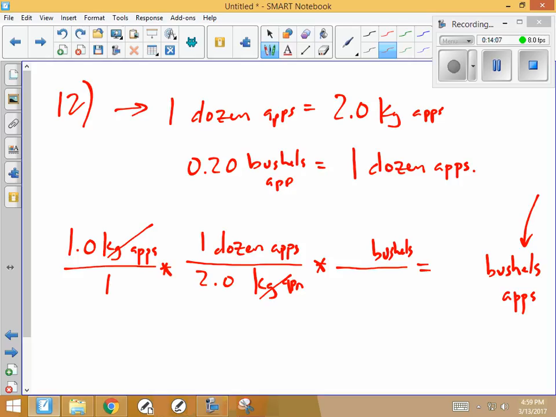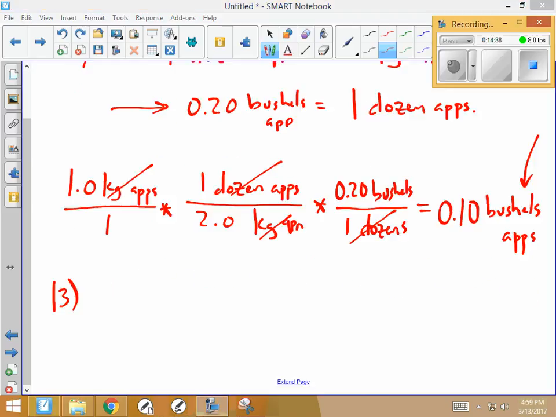Now in my next one, I know that I need dozens here on the bottom. It's going to be my unit, dozens. And looking at this equivalent statement, I have 0.20 bushels of apples is equal to 1 dozen. Now my dozen cancel, and I'm left with 1 divided by 2 times 0.2. 0.10 bushels of apples is my answer.